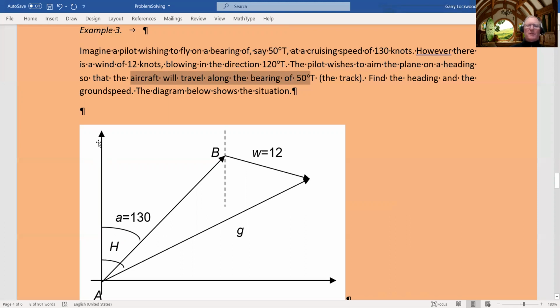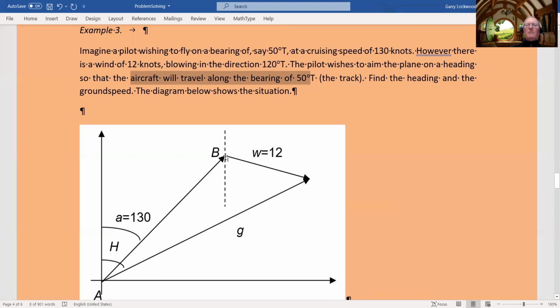This is true north, of course. And this is the direction the plane is flying in. This is the ground speed, which I've called A. Sorry, it's not the ground speed at all. It's the airspeed. It is the speed of the plane through the air. And that is 130 knots.